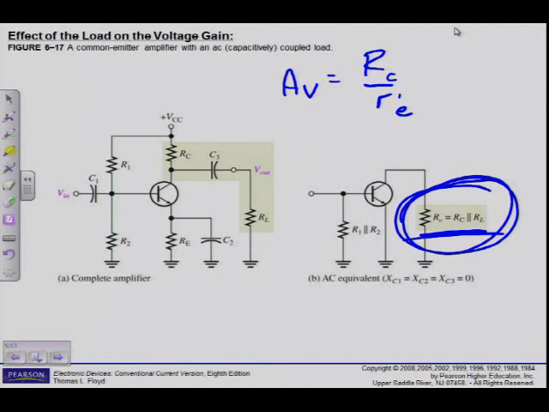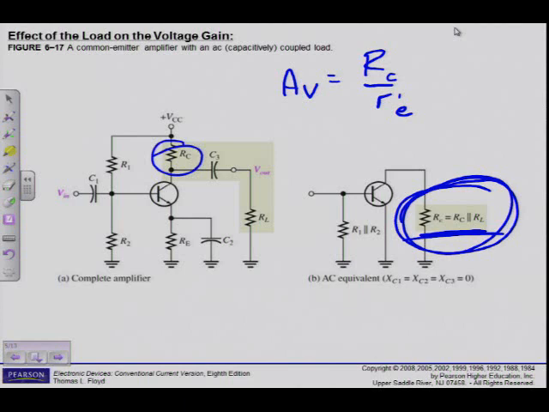So if I go and look, this is the same circuit that we're looking at, example 6.6. RC in parallel with RL gives me now a value of 833 ohms. So remember previously, in the previous examples, RC was equal to 1 kilo ohm, the output resistance.